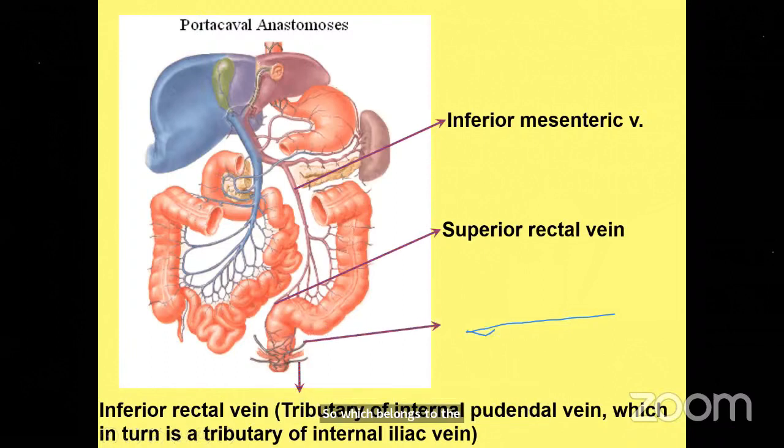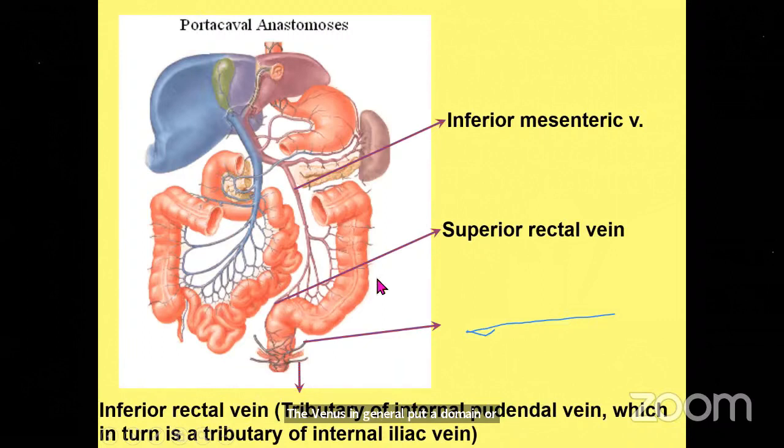In a hemorrhoid, you will get that portosystemic anastomosis. The portal component they have given as inferior mesenteric vein. For the other one, the systemic or caval system, you have to identify the vein like this: inferior rectal vein, which is actually a tributary of internal pudendal vein. Sometimes you will get the vein as internal pudendal vein or inferior rectal vein or internal iliac vein.